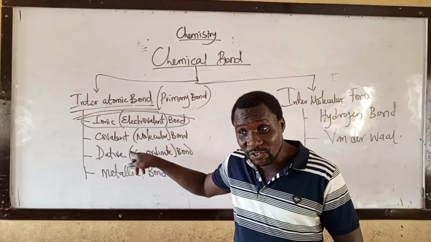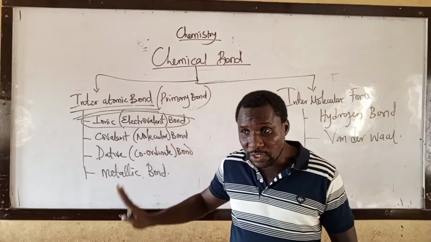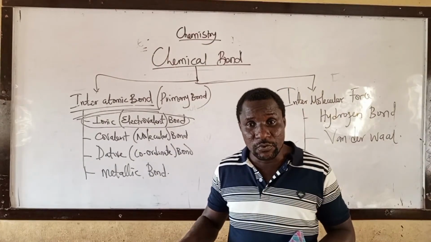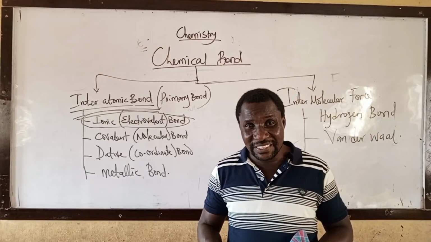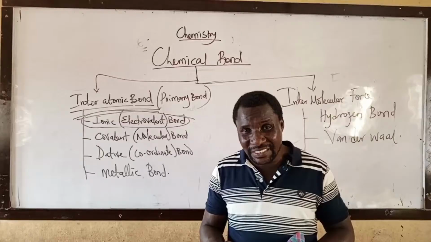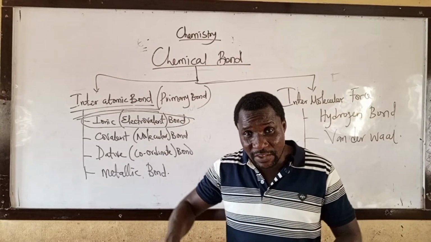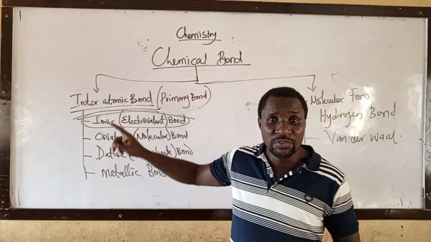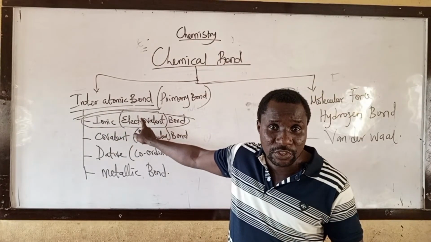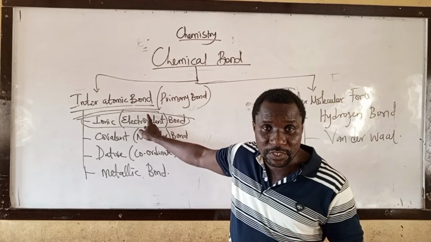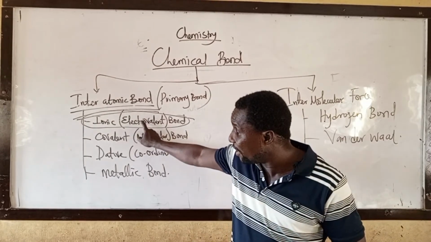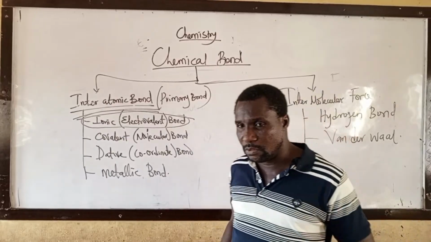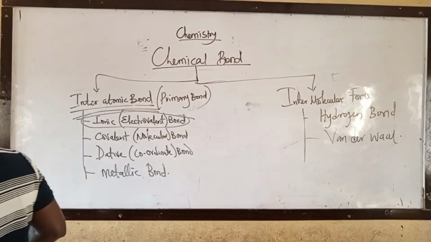When you are doing real Japan A level, you will do lattice energy, the Born-Haber principle, and Fajans' principle under ionic bond. But for the entrance exam, you don't need much.